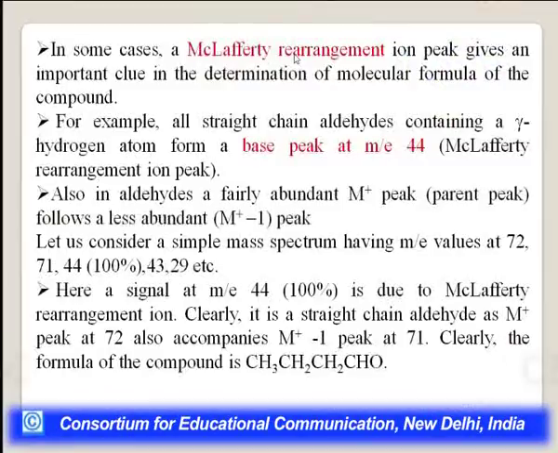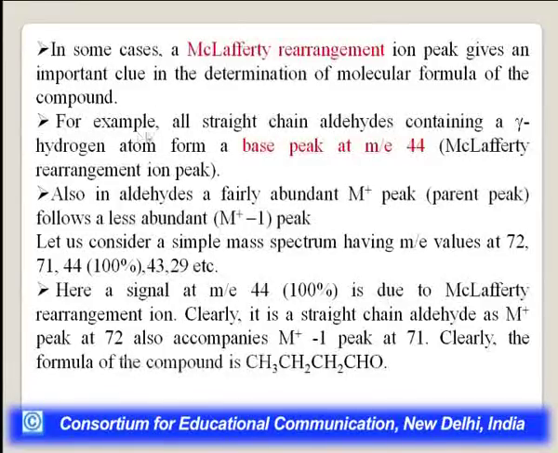In some cases, we are talking about a very important topic, that is McLafferty rearrangement. That peak also gives an important clue in the determination of molecular formula. We will discuss it in a coming slide.